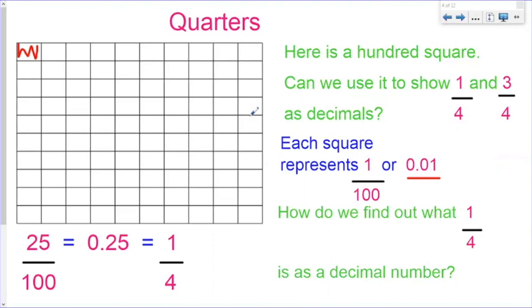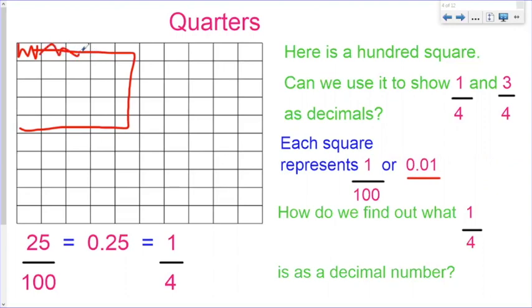Now how are we going to find out what 1/4 is? I think a really good way of doing that is to section off 1/4 of our 100 square. So let's see, 1, 2, 3, 4, 5. 1, 2, 3, 4, 5. 1, 2, 3, 4, 5.